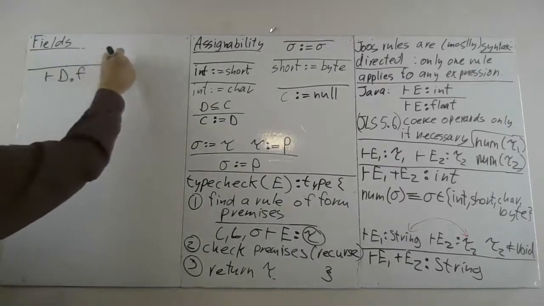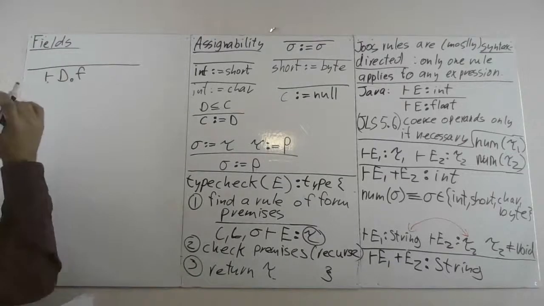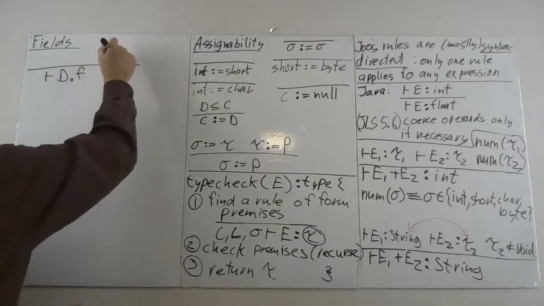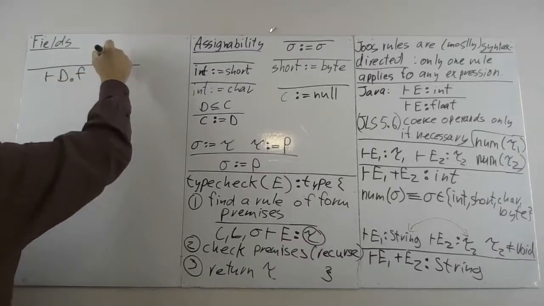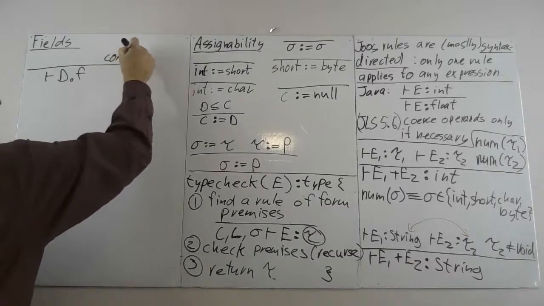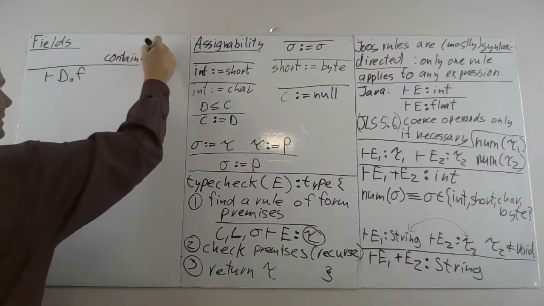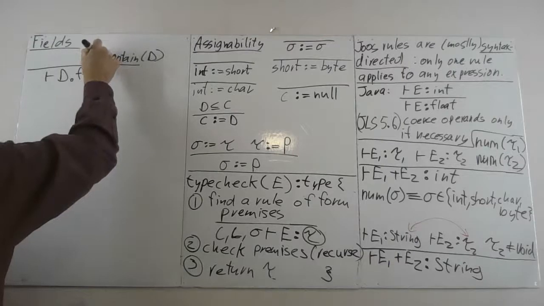To type check it, the obvious thing is to look in class D. You're being asked for a field in class D, and I use the contain set of D, because the field could be inherited from a superclass.